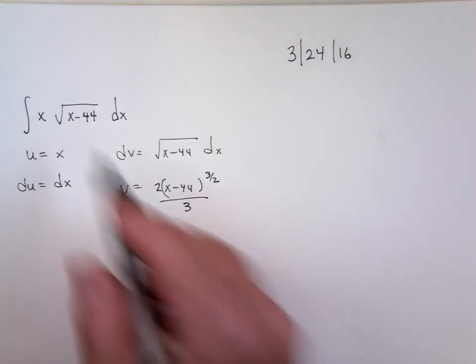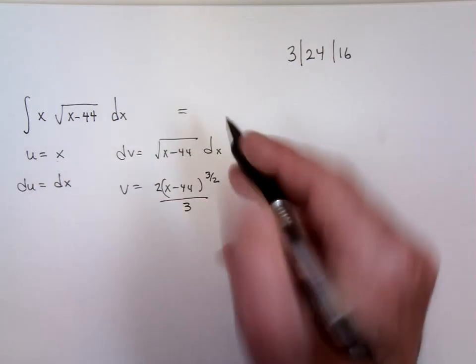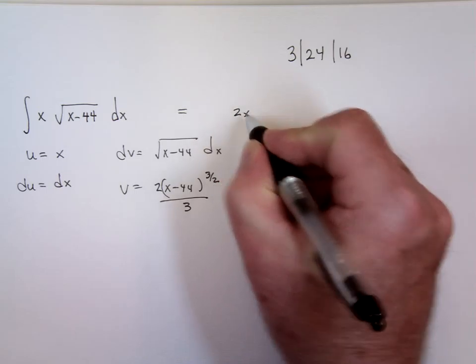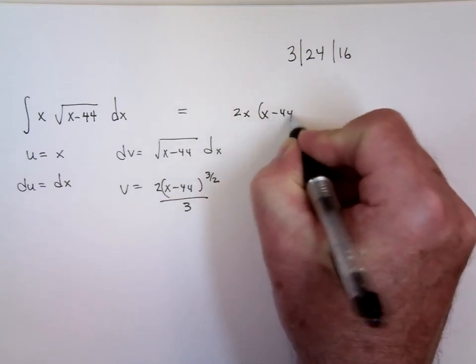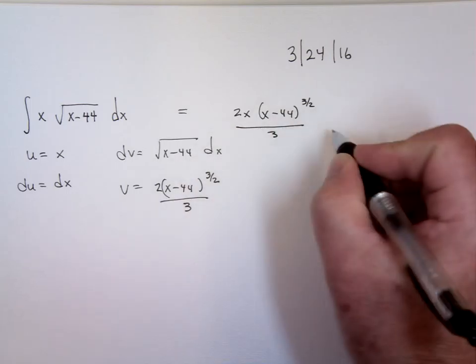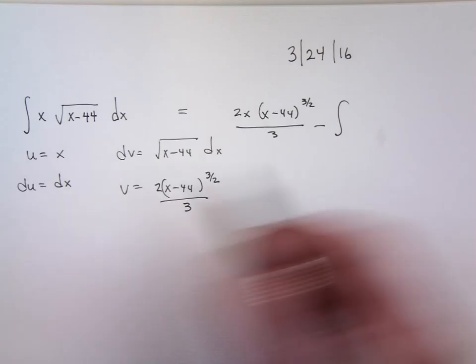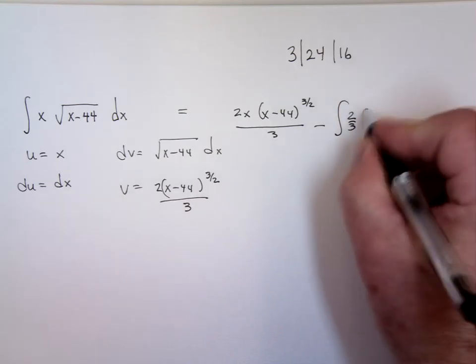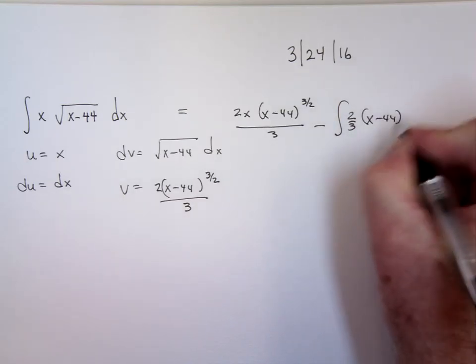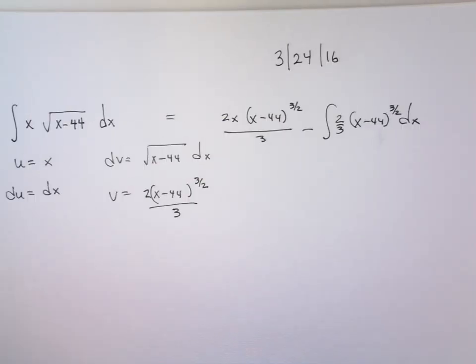So what do we have? This integral is equal to uv, so it's 2x times x minus 44 to the 3/2 over 3, minus the integral of v du, 2/3 times x minus 44 to the 3/2 dx. That's an integration by parts.